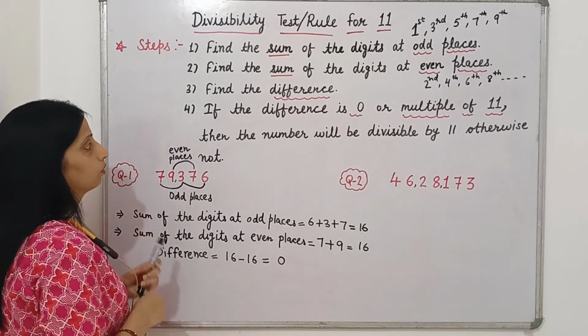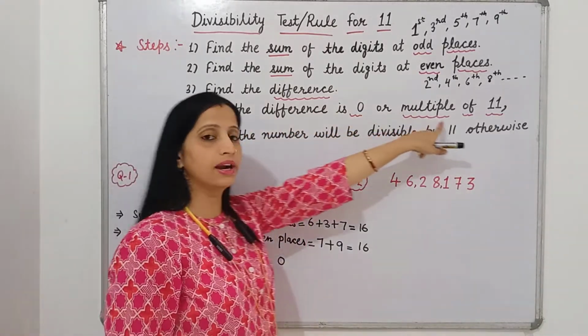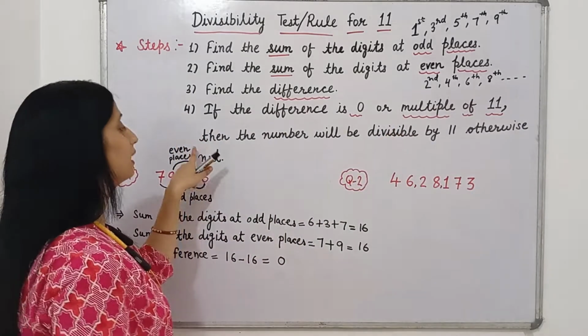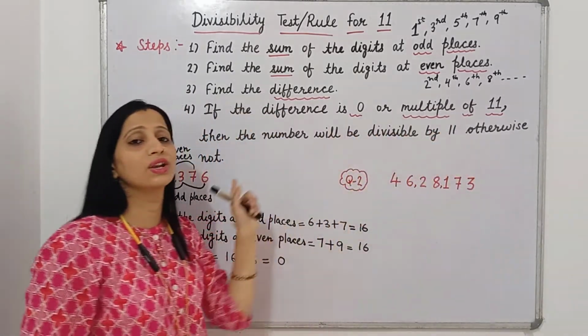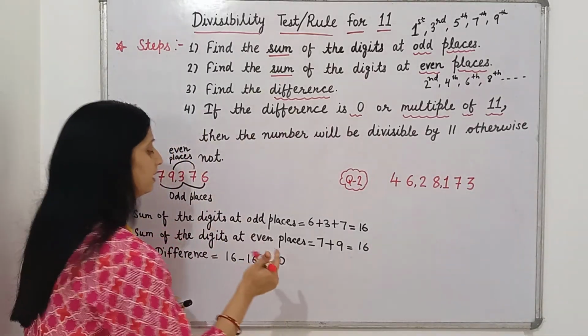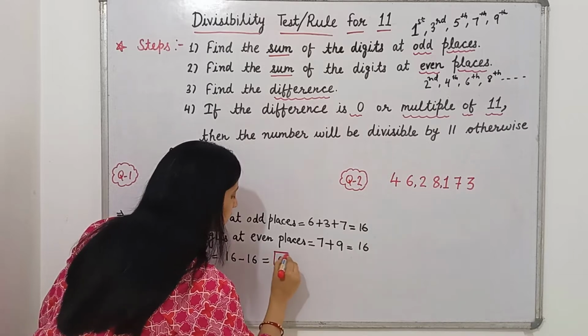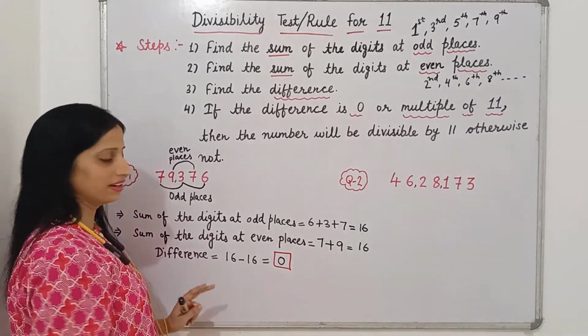Now, if the difference is 0 or a multiple of 11, then the number will be divisible by 11, otherwise the number will not be divisible by 11. So here we can see that our difference is 0 and 0 is divisible by 11.